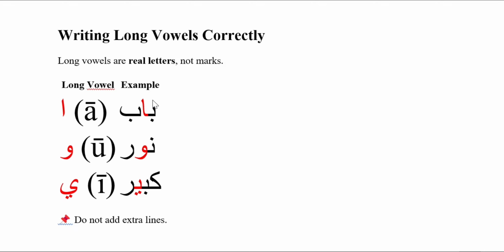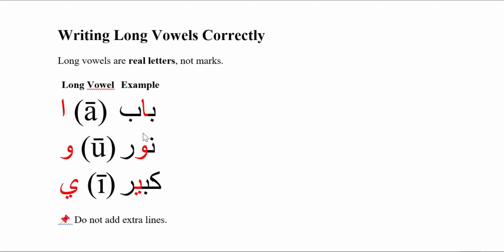Alif, as we have seen before, is like an A. It's a long A. For example, here, the letter ba, so you go ba, bab, it means a door. And we have the waw, which goes like a long O, nor, which means a light, nor.